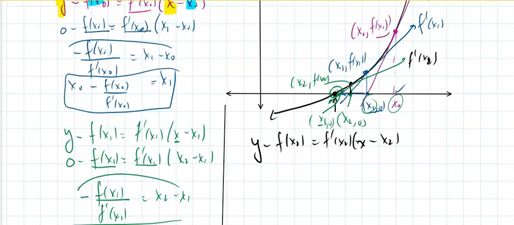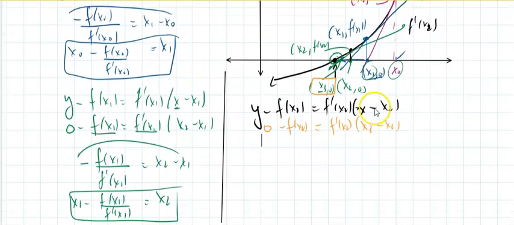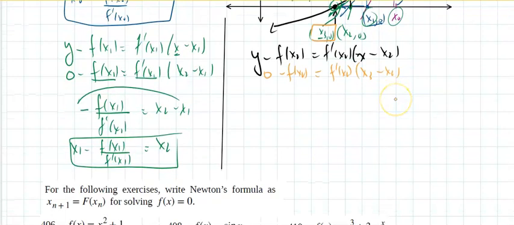And if I substitute in x sub 3, then automatically I am aware that y is 0. And if I solve for x sub 3, you know the drill by now. I divide both sides by this, and negative f of x sub 2 divided by f prime of x sub 2 equals x sub 3 minus x sub 2. If you move that over, x sub 3 equals x sub 2 minus f of x sub 2 over f prime of x sub 2.